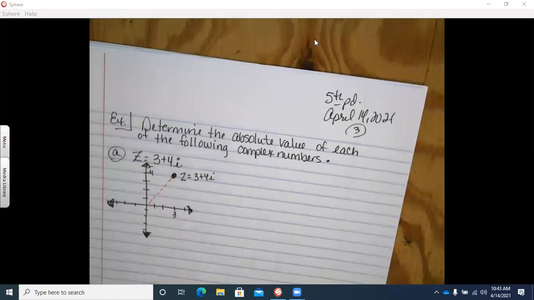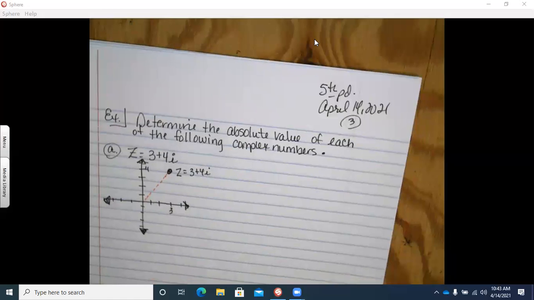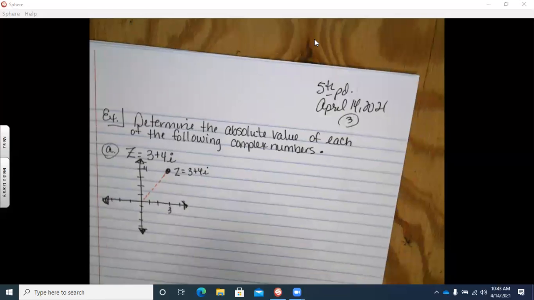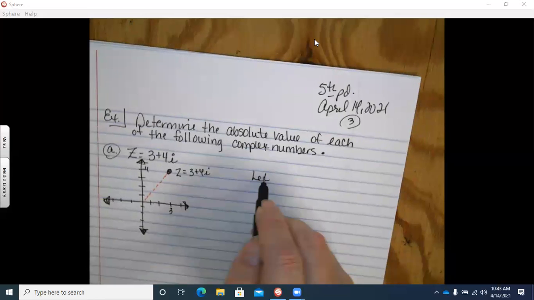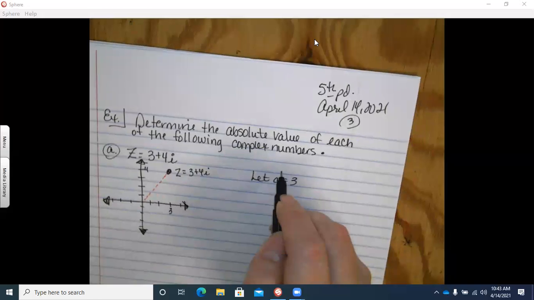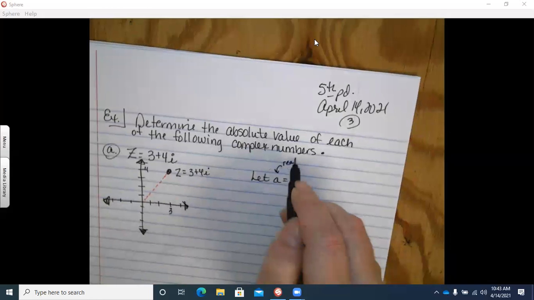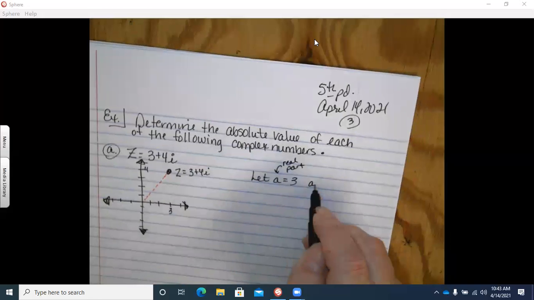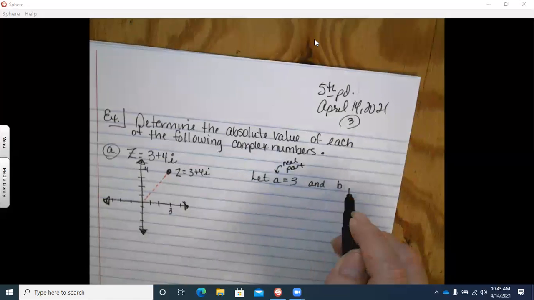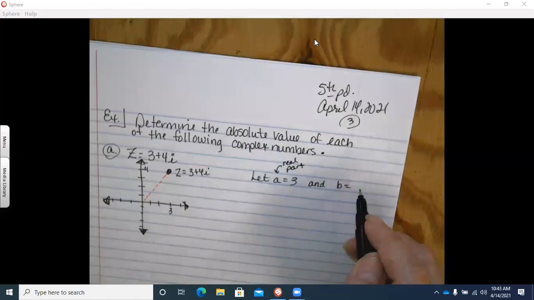So what's your real part? 3. So we're going to let a equal 3. That's the real part. And what's the imaginary part? The imaginary part is 4i, correct? We'll let b equal just the 4 part.